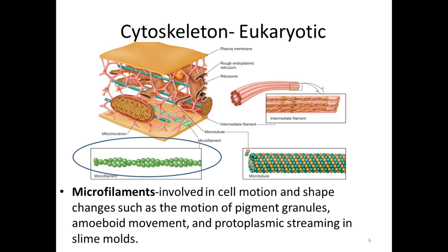Another cool thing that you'll see is that plants, when you put them under the microscope and you shine a light, chloroplasts will actually move within the cell closer to the light. And again, this is made possible by these proteins moving them so that they're oriented in such a way that they're closer to that light source.